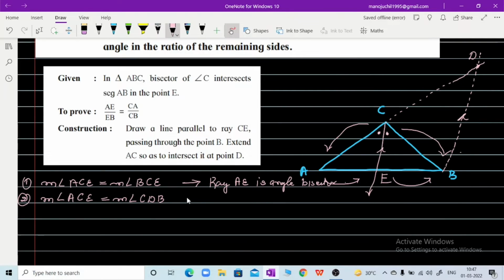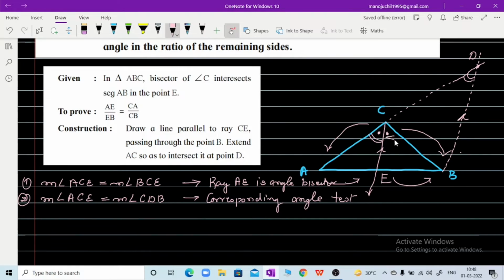Reason for this will be the corresponding angles test. See children, the lines are parallel. So this angle here will be congruent to this angle. So I wrote angle ACE is equal to measure angle CDB.